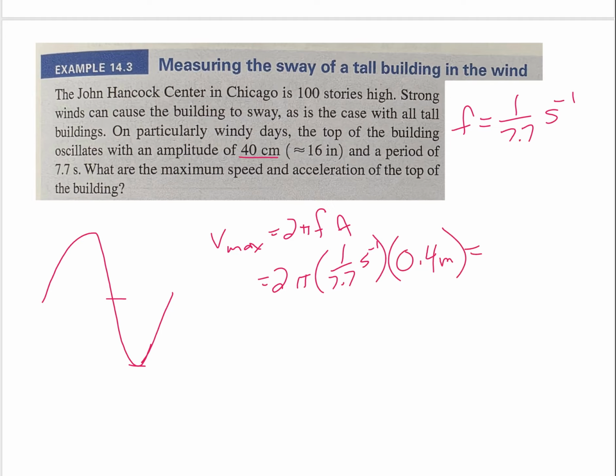What do we get? 0.326399. 3263, blah, blah, blah.